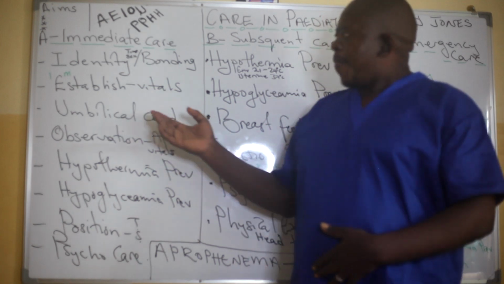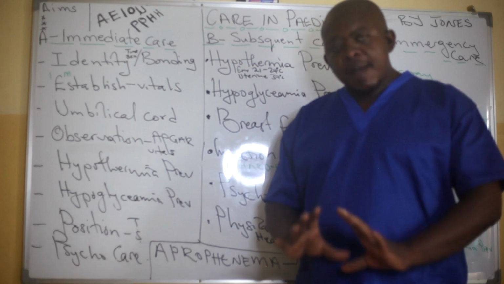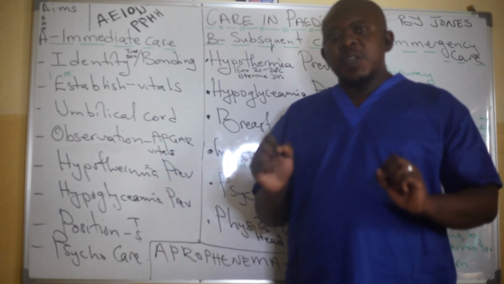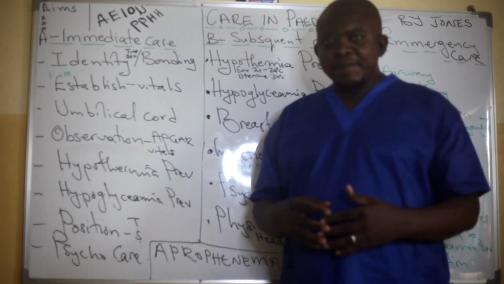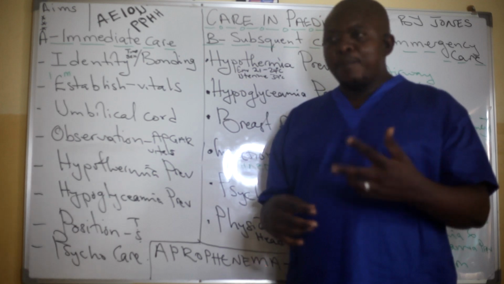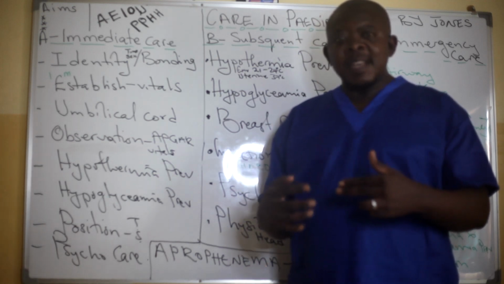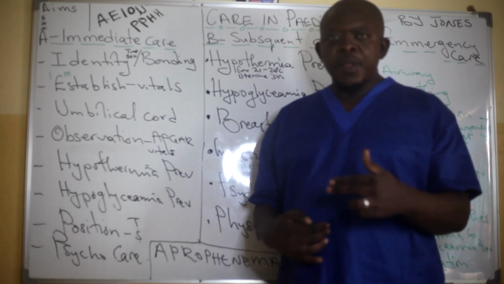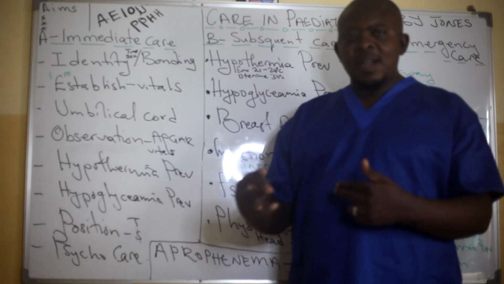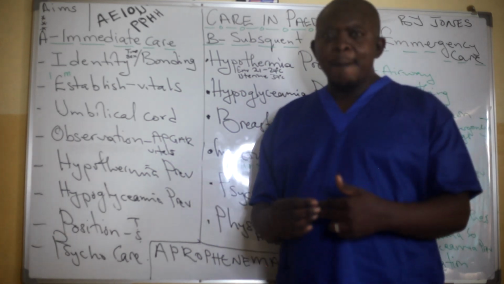Then we have the aspects or elements of the umbilical cord. The aspect of umbilical cord here is cutting the cord. If you have to cut the cord, you clamp with a forceps 8 to 10 centimeters away from the umbilical stump and put a gauze in between, and also clamp on the other end that is connected to the placenta.